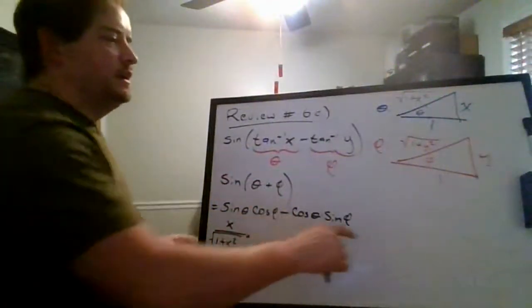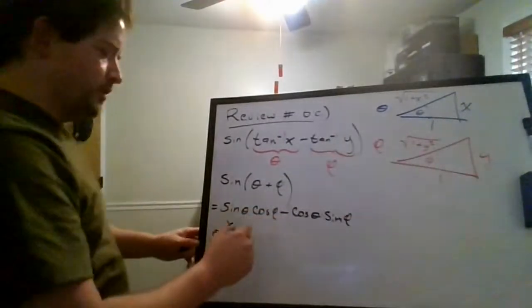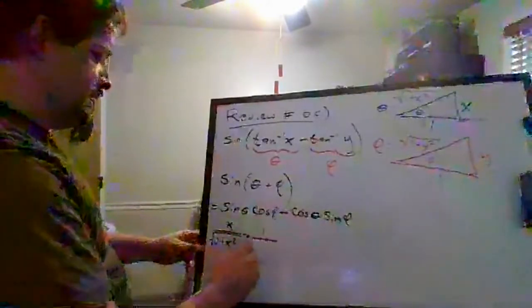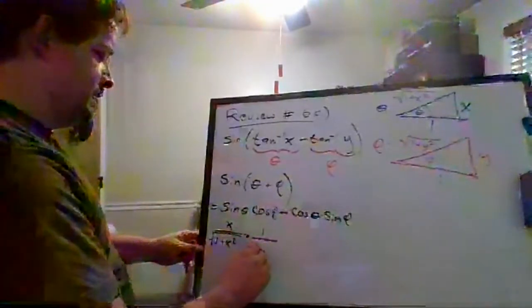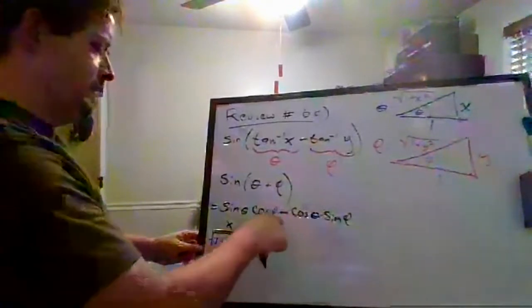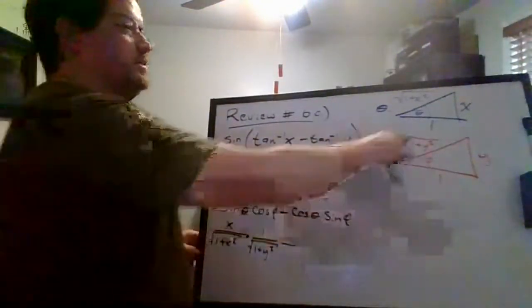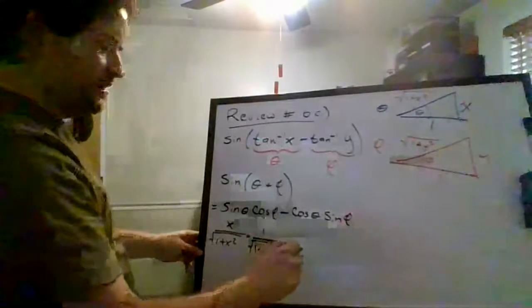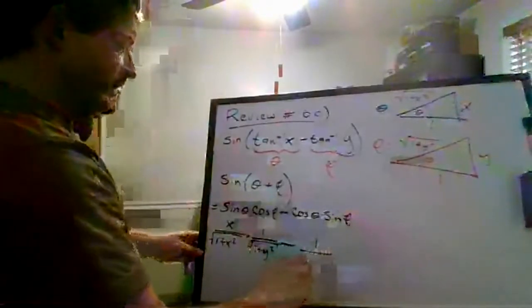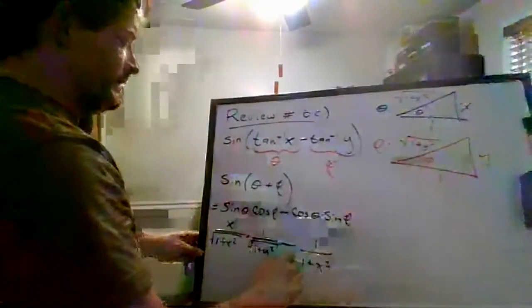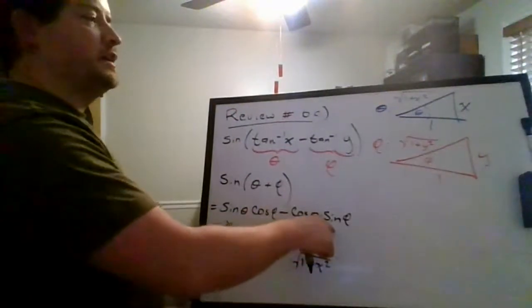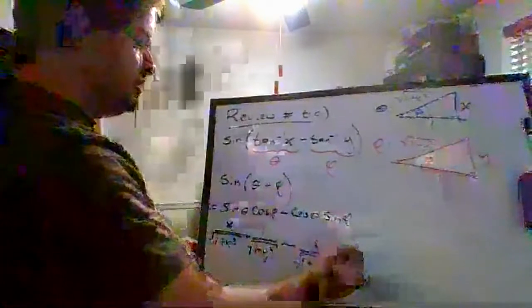Cosine of phi is 1 over the square root of 1 plus y squared. Minus the cosine of theta. The cosine is 1 over the square root of 1 plus x squared. Times the sine of phi. The sine of phi is y over the square root of 1 plus y squared.